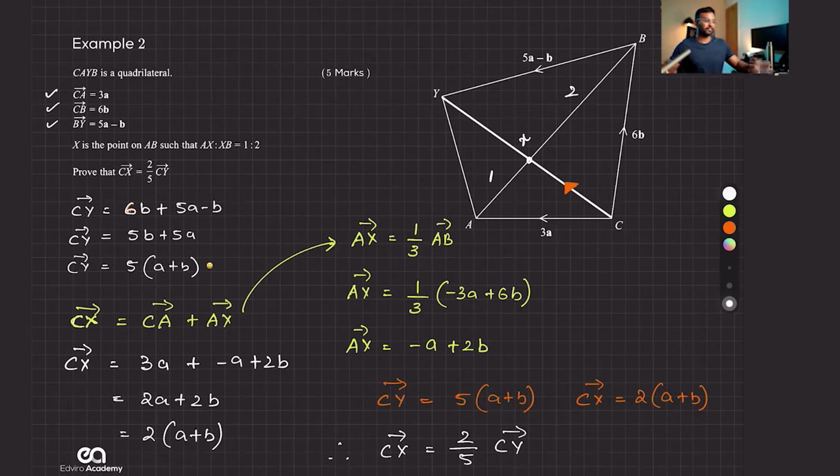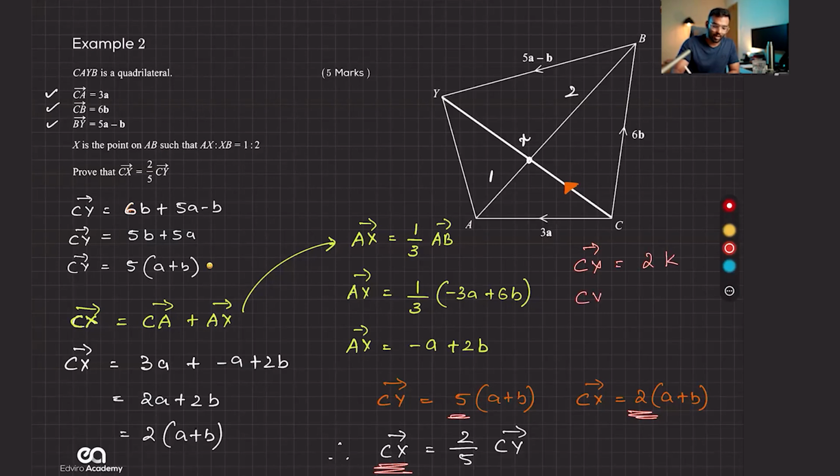And you're done. You're not writing that A and B cancel out. That's not the idea. We're just saying according to the ratio. If this is 2 and this is 5, that would be 2 by 5th, isn't it? Put it this way: CX equals 2K and CY equals 5K. If I make K the subject, I can bring that together. That's all, which you don't need to write. You just need to write it here, and there we go.